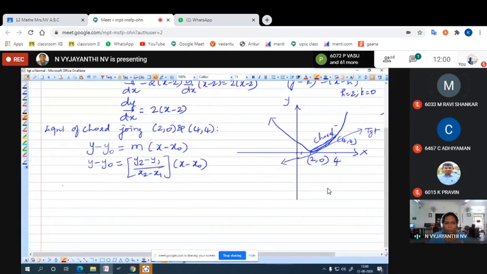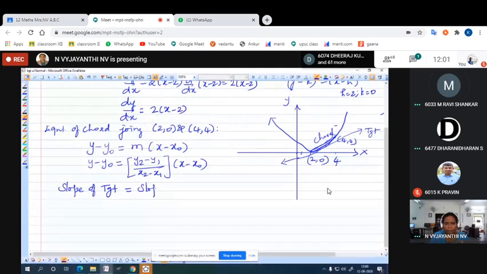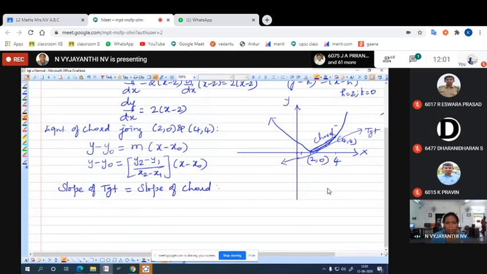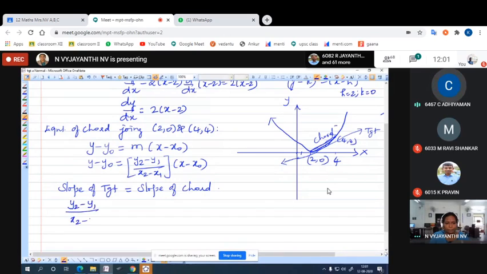So the slope of the tangent will be equal to the slope of the chord in this case. So what is the slope of the tangent? (y2 minus y1) by (x2 minus x1)? No, the slope of the chord only is required.